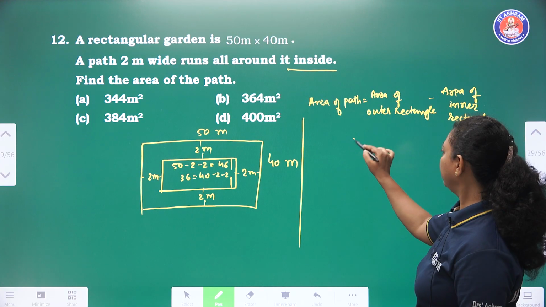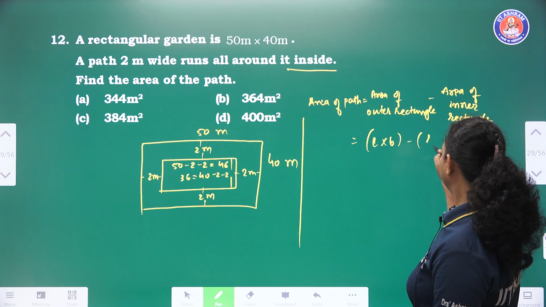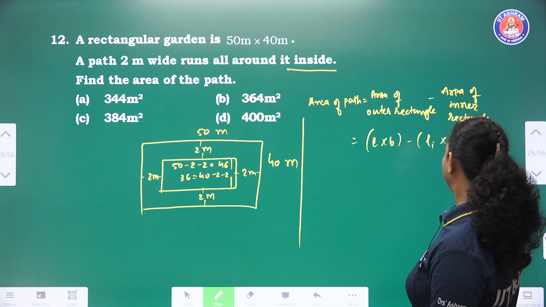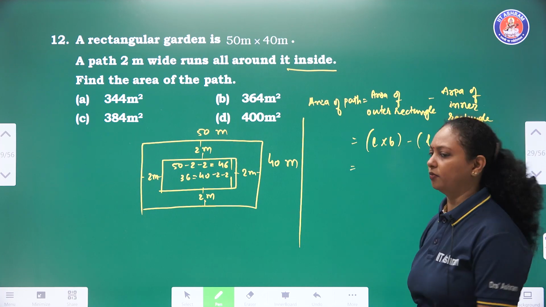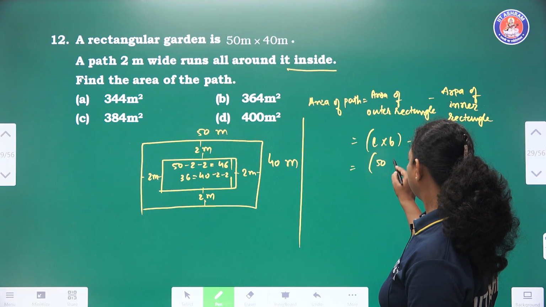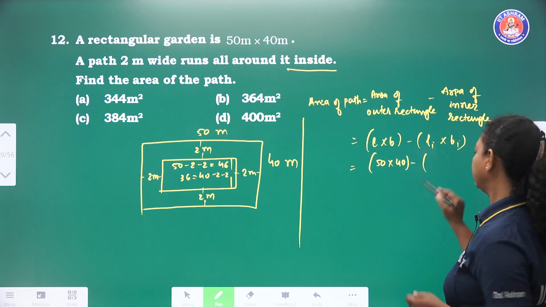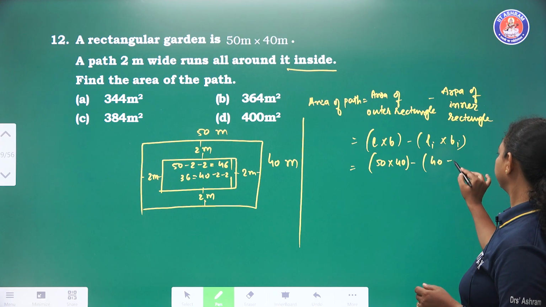How do we find the area? So area is L into B. Here it is also Li into Bi for the inner side. So what is the length of the outer rectangle? That is 50, and the breadth is 40, and the inner one has 46 into 36, right?